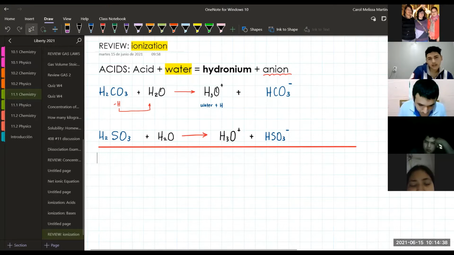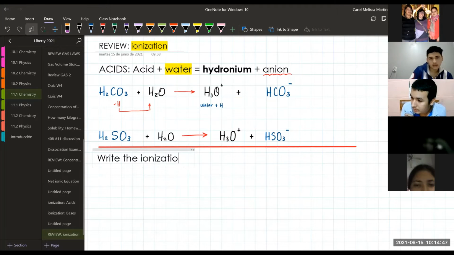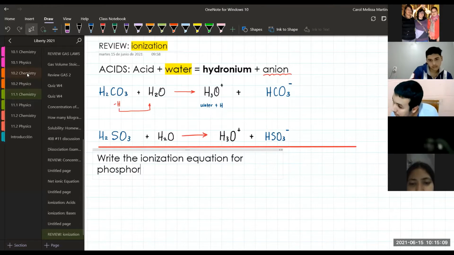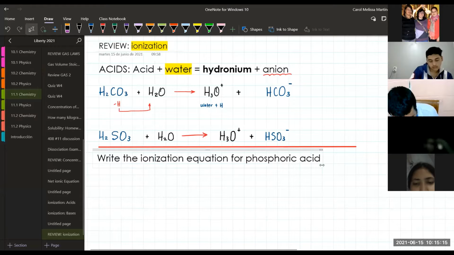Okay. Now, I can ask you a word problem like: write the ionization equation for, let's see what acid I can include, phosphoric acid.